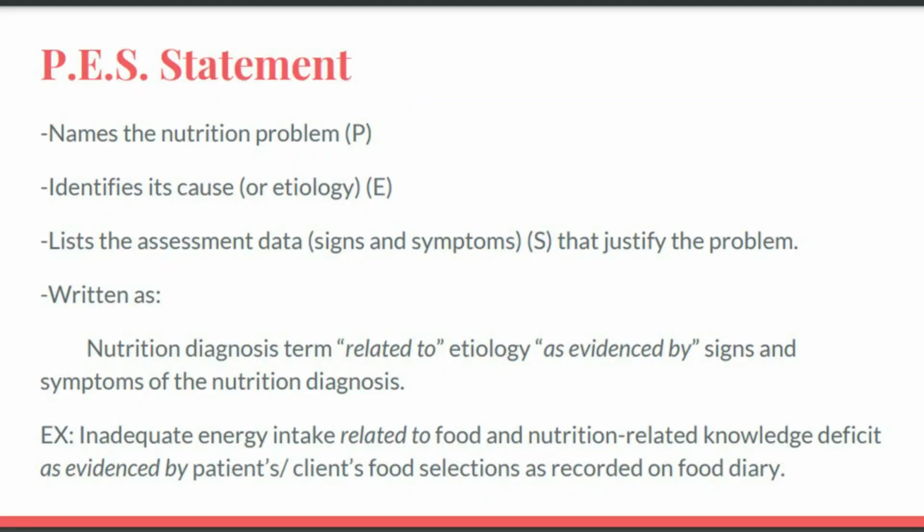There are three parts to a nutrition diagnosis statement. The problem or nutrition diagnosis describes alterations in the client's status. Etiology is a factor that contributes to a problem, including situational, developmental, cultural, and environmental factors.